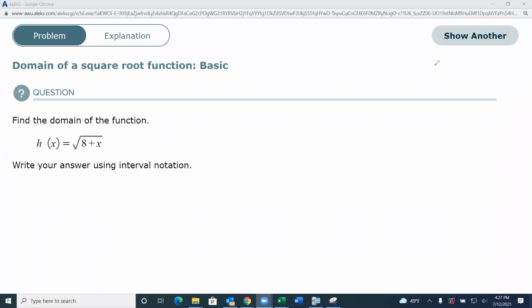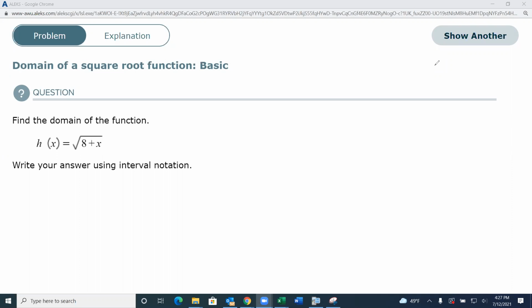Okay, so on this one, it says find the domain of the function. All right, so there's no denominator, so we don't need to worry about dividing by 0. But there's two main situations where you can have problems and that will cause you to have numbers that are not in the domain, like that last problem with 2 and negative 2.